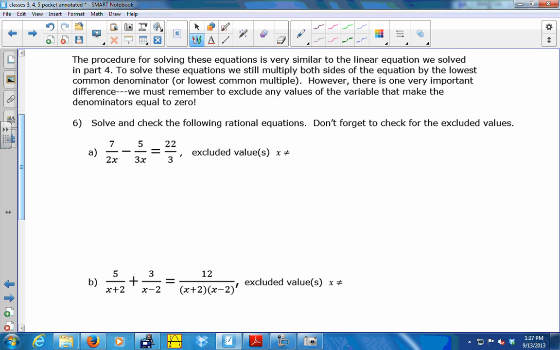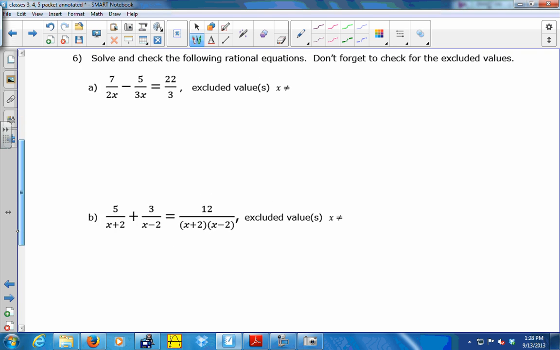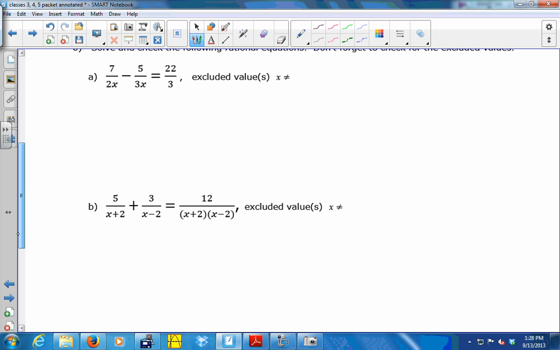So we want to solve and check these rational equations. So I have 7 over 2x minus 5 over 3x equals 22/3. So I need to figure out what the common denominator is. 6x. Yeah. I want all the denominators to be the same. This one's got a 2x, and this one has a 3 and an x, and this one has a 3.